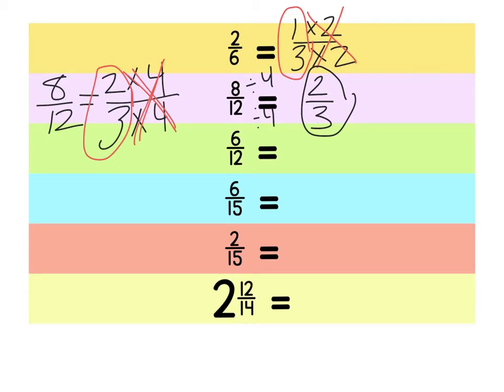What can go into both 2 and 4? Well, 2 can go into 2. 2 can go into 4, and so we divide the top and the bottom, and our final answer would still be 1/2.